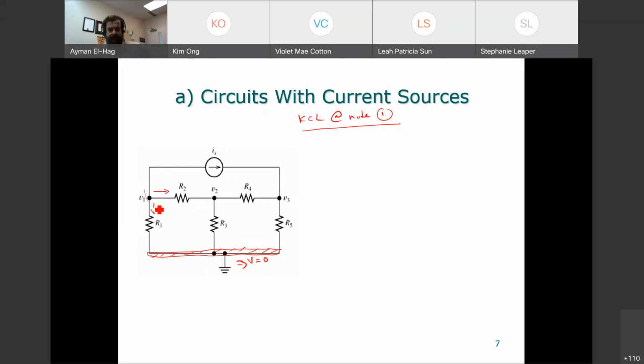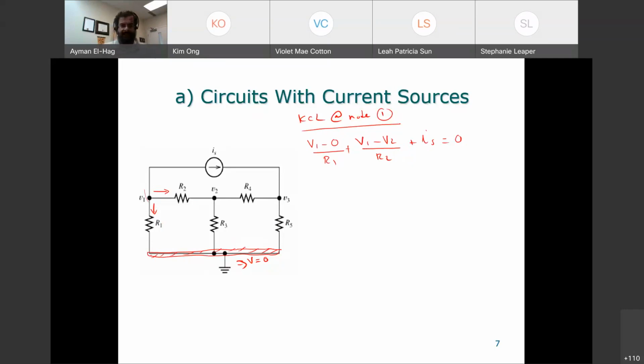The current that goes to the bottom is V1 minus 0 divided by R1, plus the current that goes to the right, V1 minus V2 divided by R2. The current that goes to the top is leaving, so plus IS equal to 0. IS is given to you. So the unknowns here are V1 and V2.